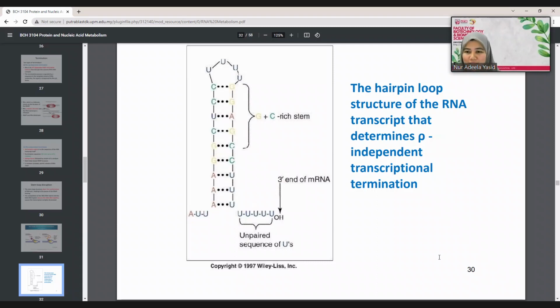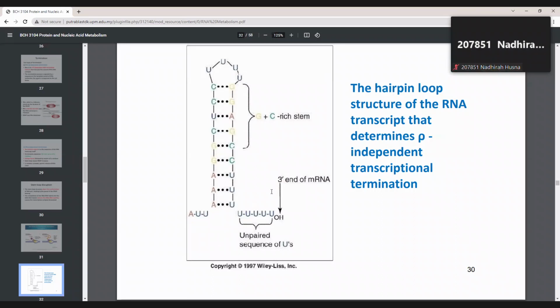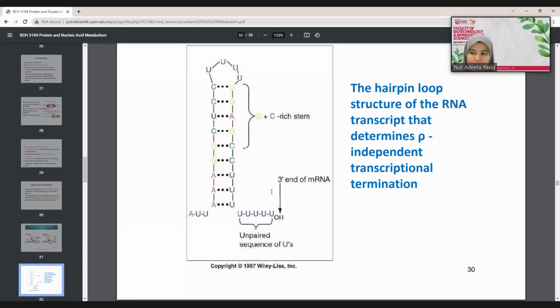Biasa linear sequence of mRNA ke, DNA ke, once it forms a stem loop, dia bentuk macam tu, so it alters the conformation and reduces the stability of the DNA or RNA. So hairpin loop, dia akan determines the independent termination. Alright. Okay, I hope it helps.